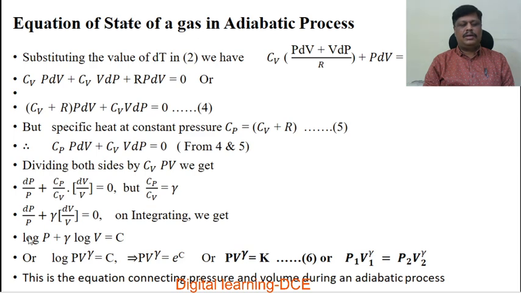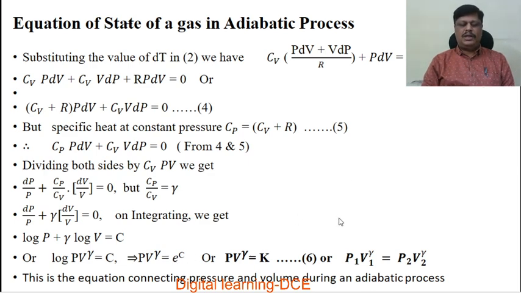So log P plus gamma log V can be written as log P V to the power of gamma is equal to C. Take exponential on both sides, log and exponential get cancelled. We get PV to the power of gamma is equal to e to the power of C, where C is a constant. And PV to the power of gamma is equal to K, where K is another constant, since e to the power of a constant is another constant K.